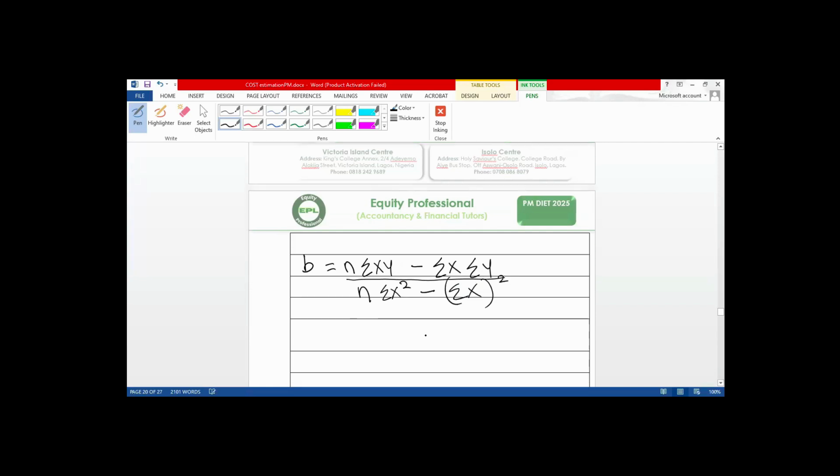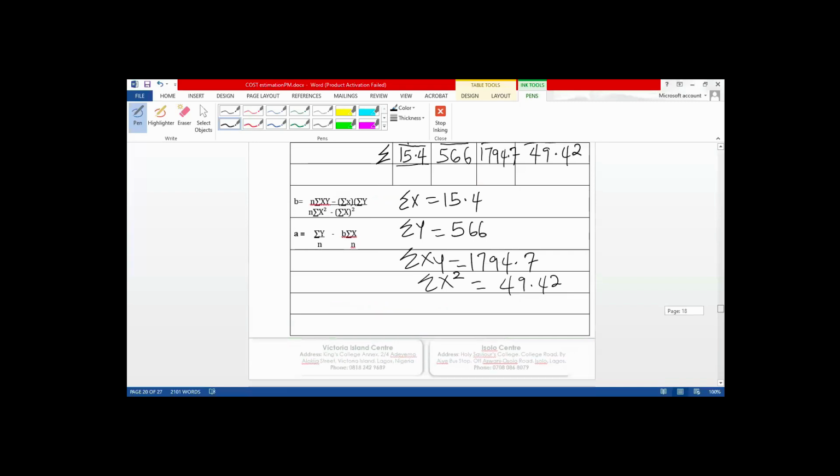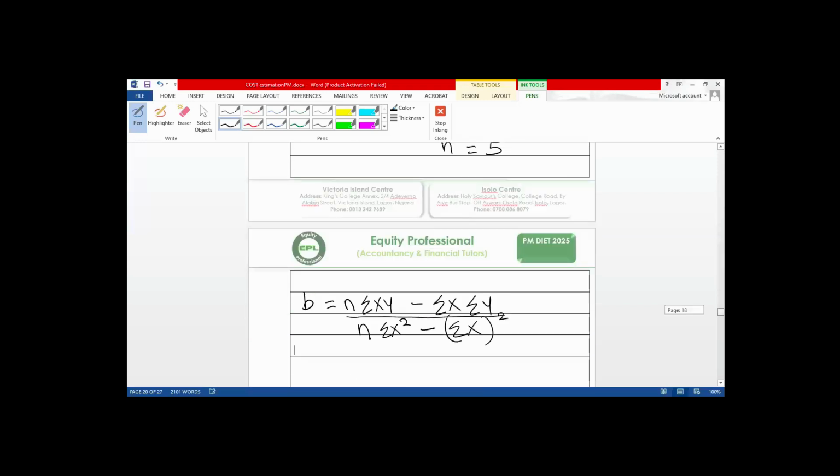Your n is number of observation. Our n is 5. We are given 5 years observation. Now let's go to the formula.